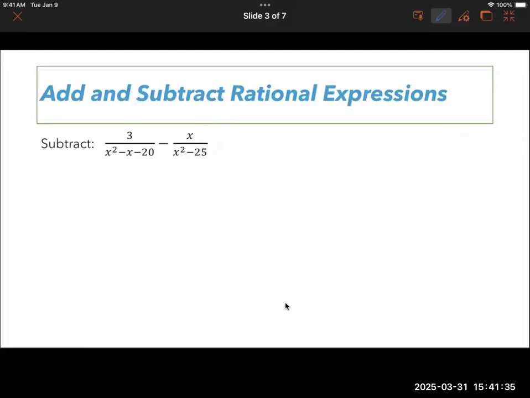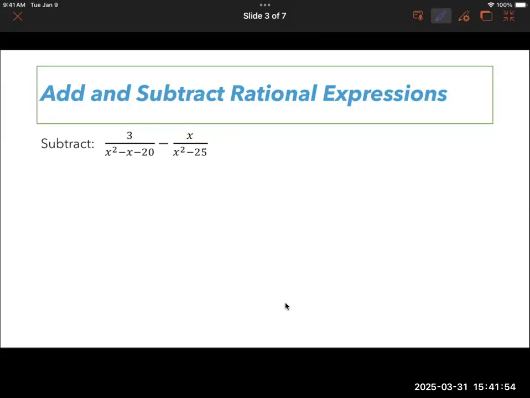Now, if we start looking at operations with rational expressions, we constantly want to think back to what we already know, which is how do we do these operations with fractions? That will give us a good guide as to how to do them with rational expressions.